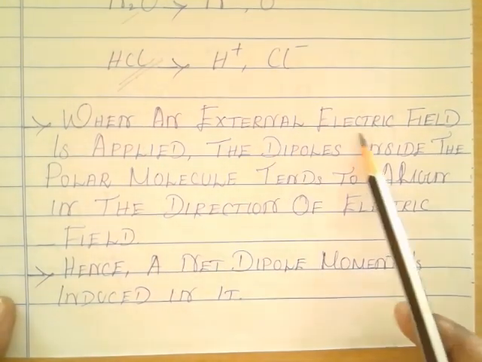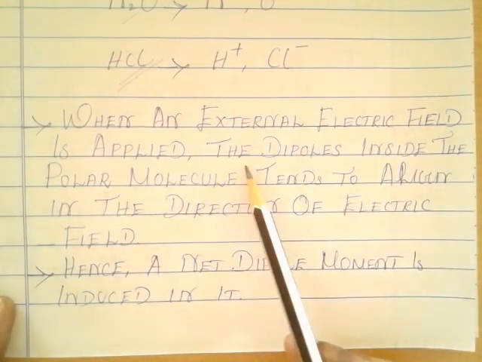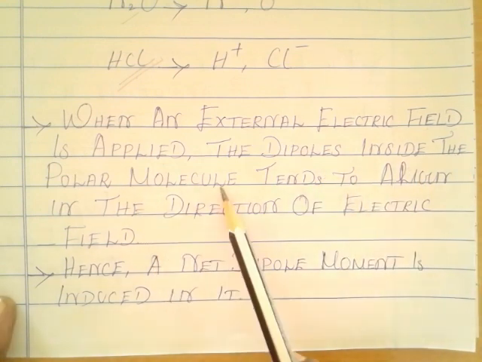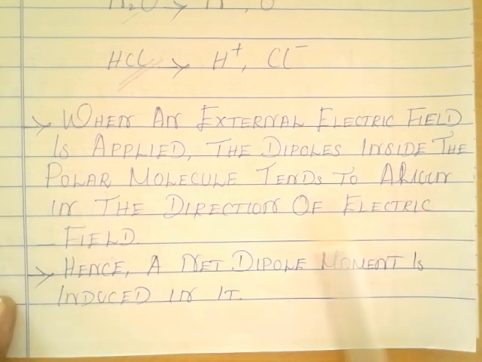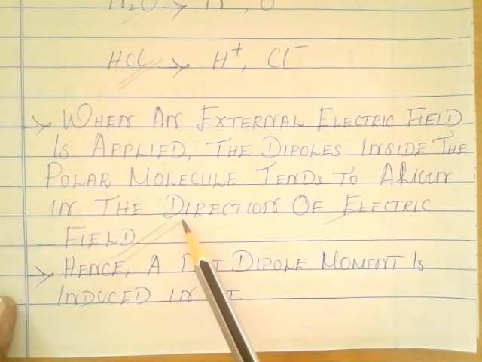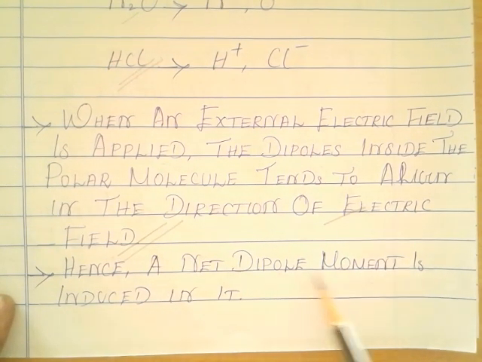When an external electric field is applied, the dipoles inside the polar molecule tend to align in the direction of the field. Hence, a net dipole moment is induced in it.